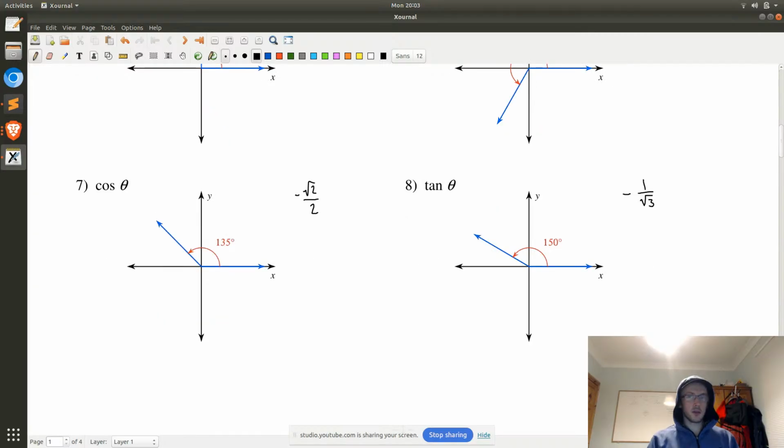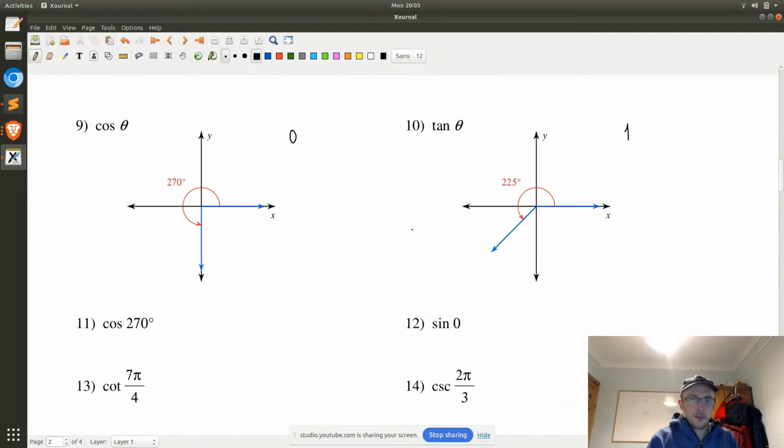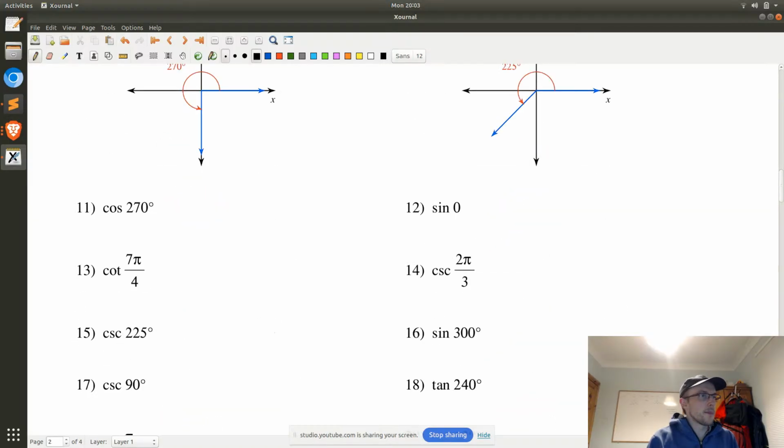Negative root 2 over 2, that's right. Rationalizing if I were. Zero, and that's 1. Okay.